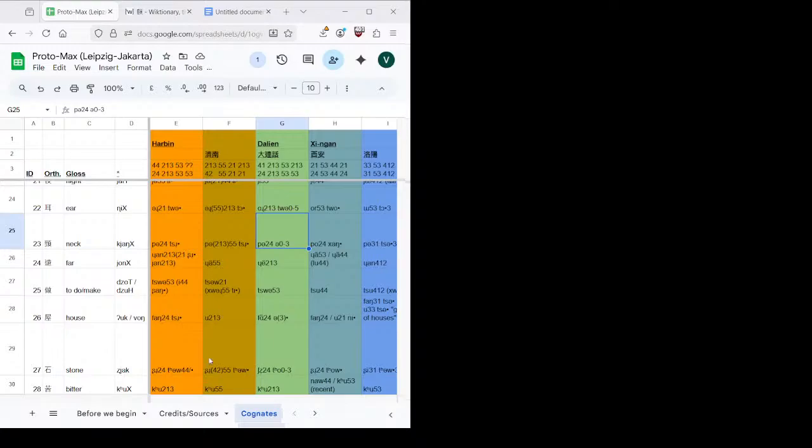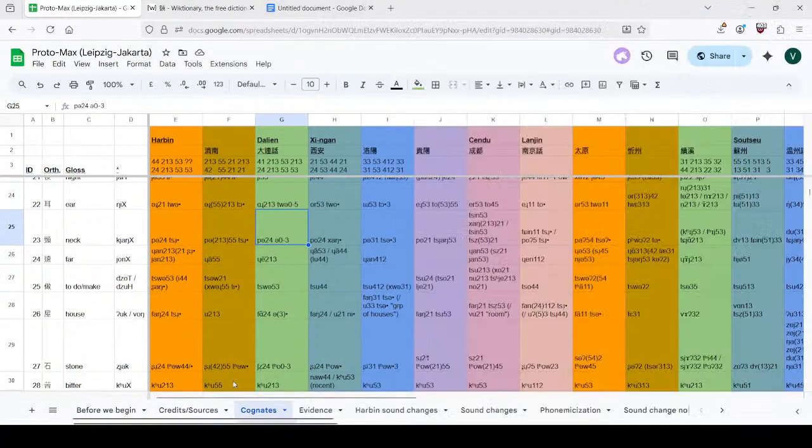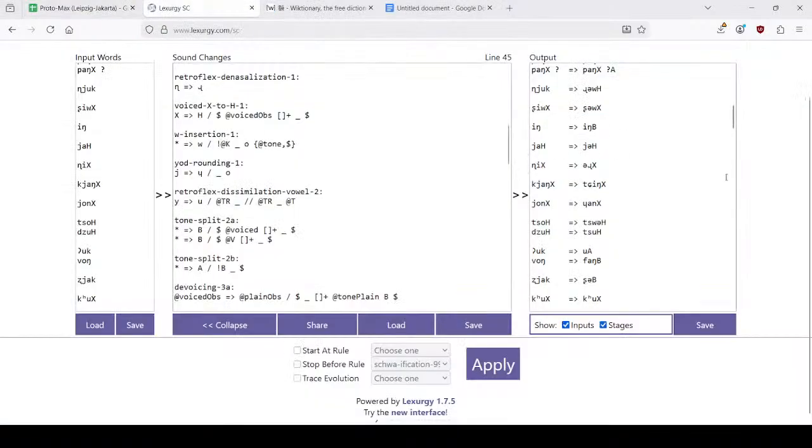Why aren't you working? Okay, this is strange. This is not something I'm used to happening. So let's just reset that. Okay, never mind. We can just flip between the two tabs, even though it's less than ideal.